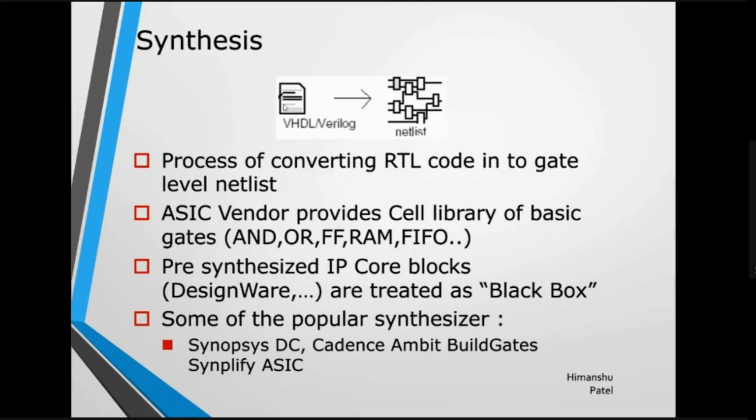That means the operation of A and B, you are saying it in C. You are asking the tool to convert this RTL code into a proper gate. The tool will ask, I need the library model for the AND gate.